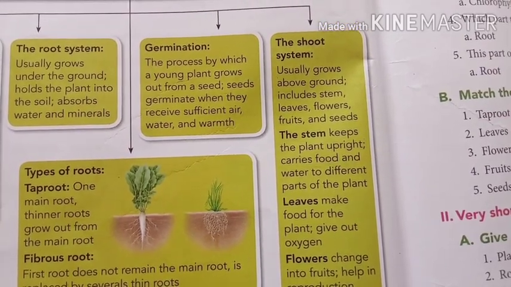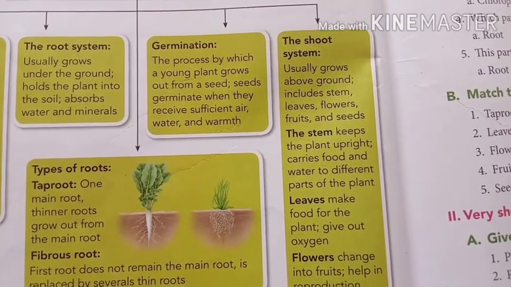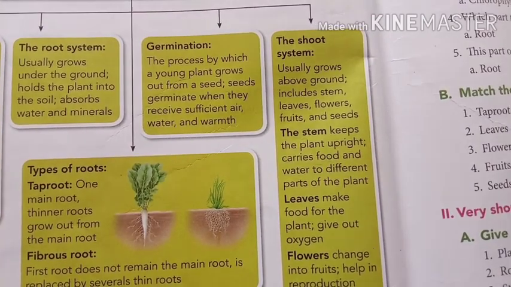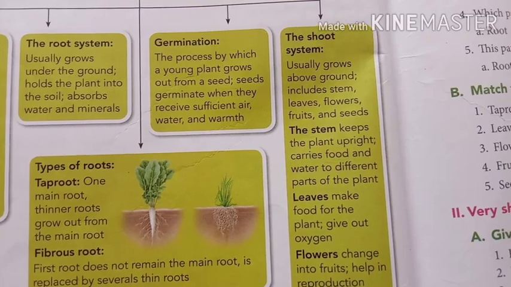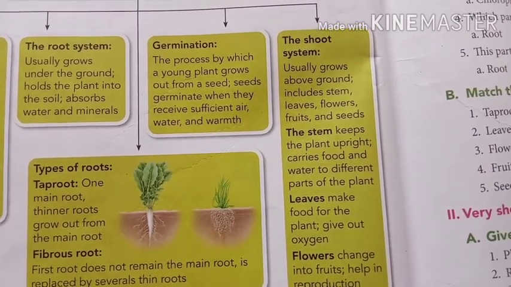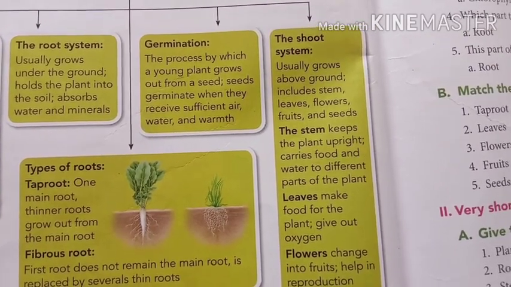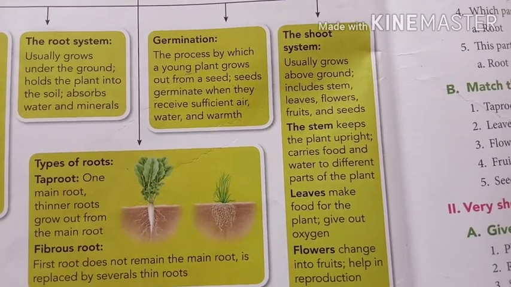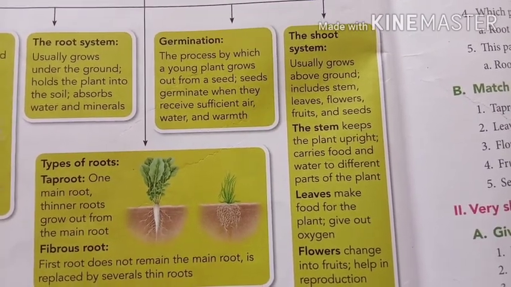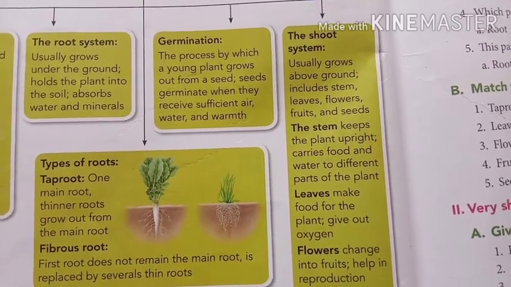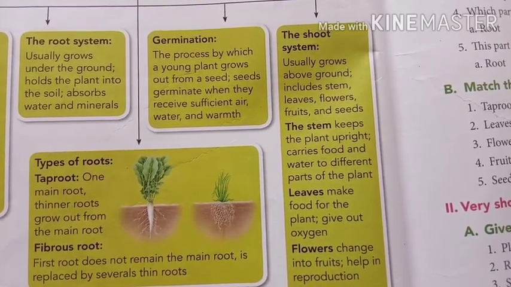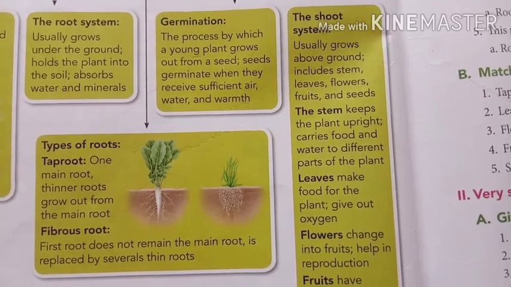What is the function of stem? It keeps the plant upright. वो stand होने के लिए help करता है. And also it carries food and water to different parts of the plant, right. From the soil it will take water and nutrients from the soil, food also, and then it will pass to the different parts of the plant, okay.